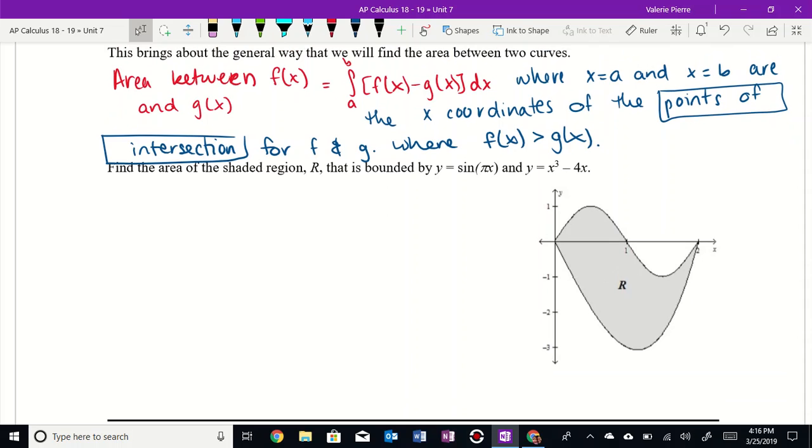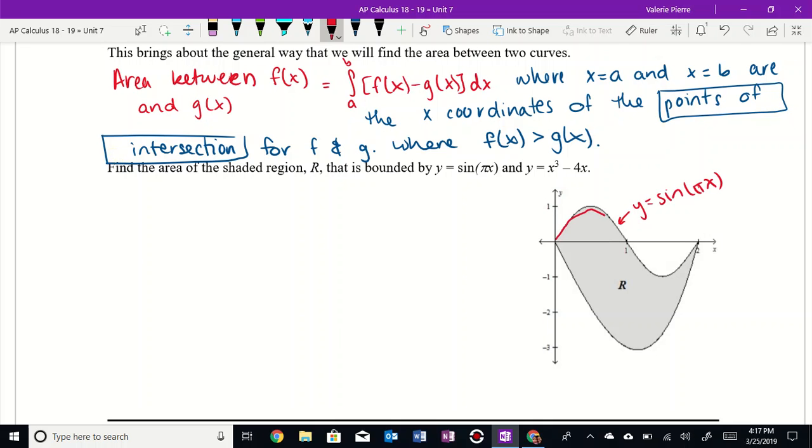So now we want to find the area of the shaded region R that is bounded by y equals sine pi x and y equals x cubed minus 4x. So the first thing we want to do is identify which equation is which in the graph. Sine is an oscillating function, so I'm going to say that this is the y equals sine pi x equation.